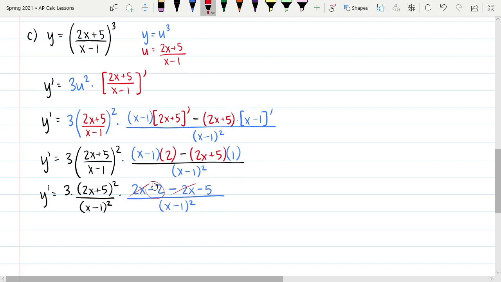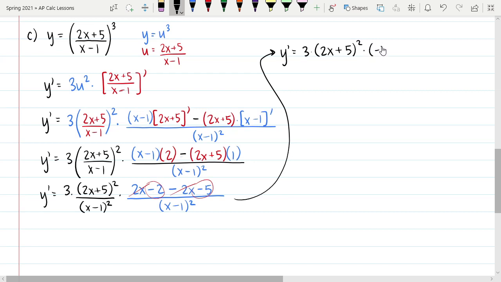And then I've got a negative 2 minus 5, which will be a negative 7. Let's move this up here. So I've got y prime equals, so I have 3 times a 2x plus 5 squared times a negative 7. This is over an x minus 1 squared, and this is also over an x minus 1 squared.